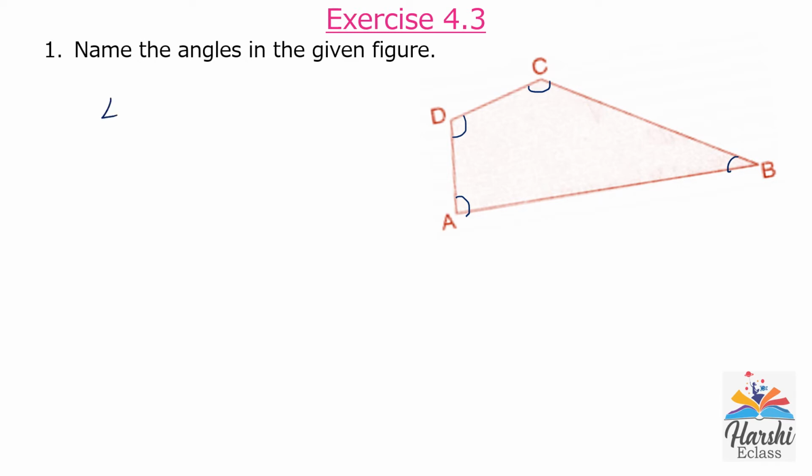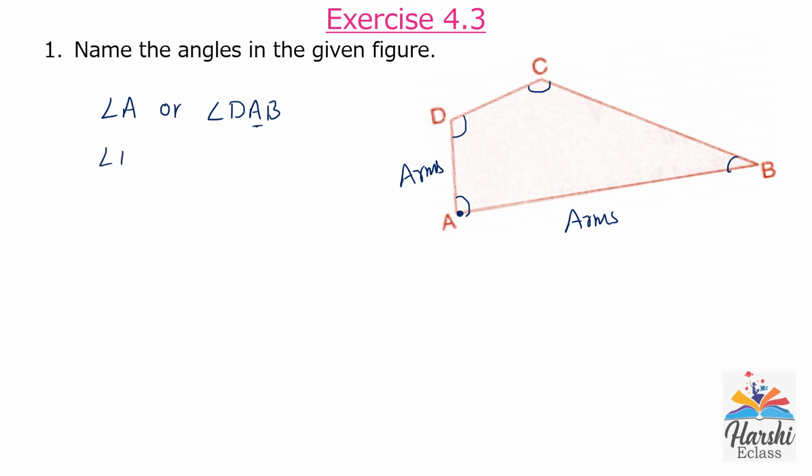First, angle A. It is the simple form of this angle's name. We can also write it as angle DAB. Here two arms AD and AB meet at a common point, that is called A, angle A. It is the vertex, so it will come in the middle of the name.